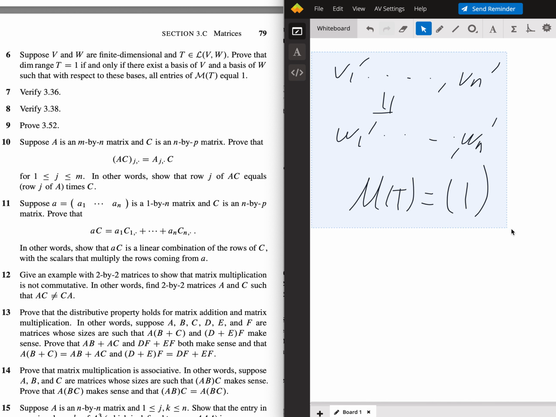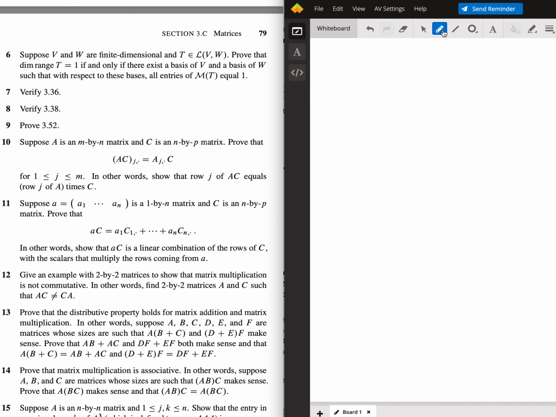And it's just how we define everything, so I'm not going to explain more in that direction. But you have all entries of the matrix equal to 1 with some basis in mind of V and W. Then you want to prove that the dimension of the range of T is 1.